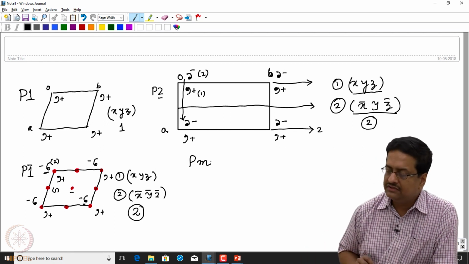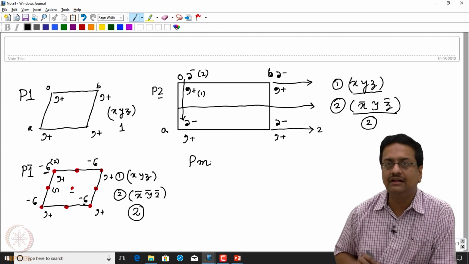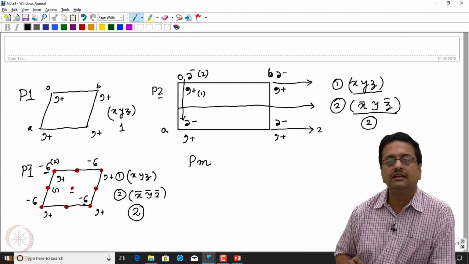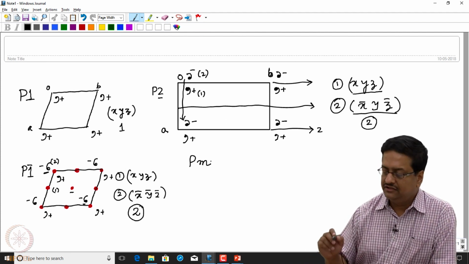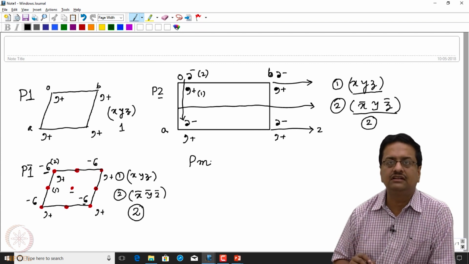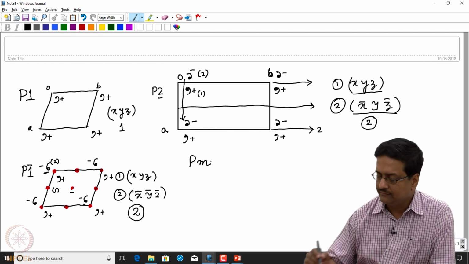P again means primitive and M is a mirror, and since it is a monoclinic space group, this mirror is by convention perpendicular to twofold.